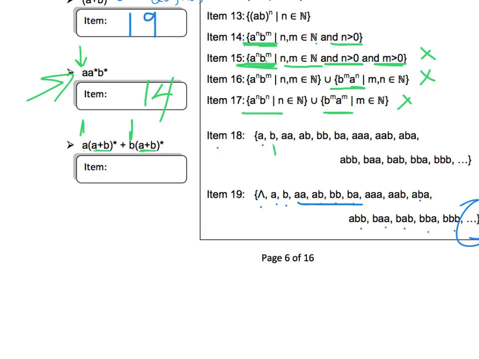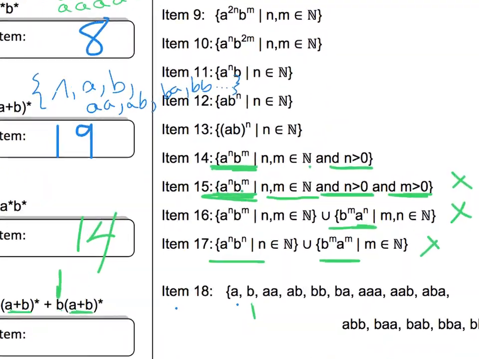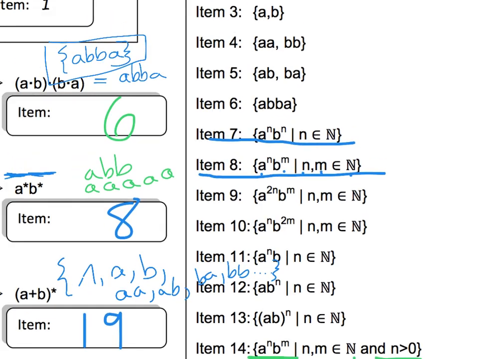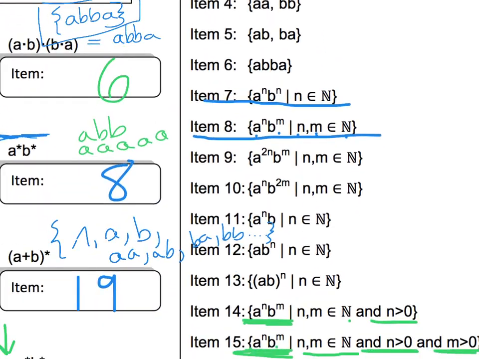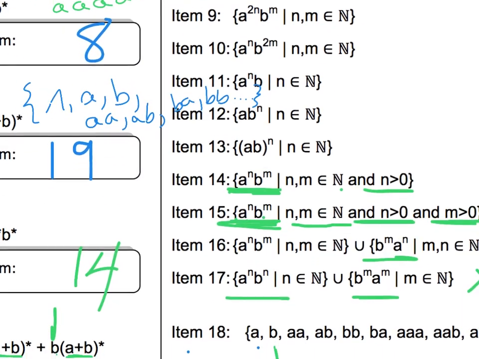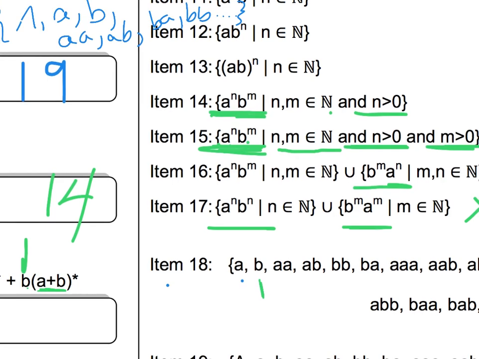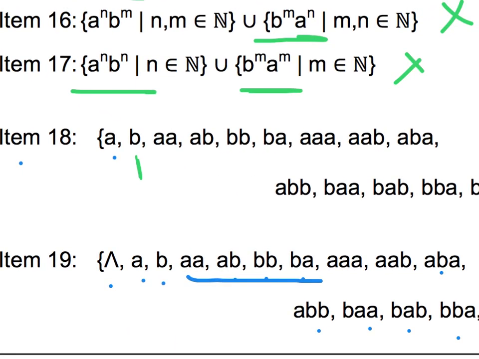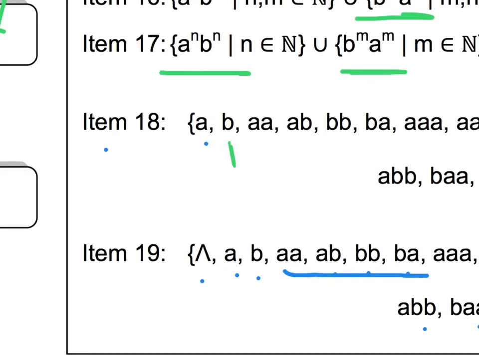We have to start with an A and then have a B. But we could also start with a B. So I'm going to keep looking, and here, wait, look at this. What about item 18, right? Lambda's not in there, and we're looking for something that's essentially A plus B star, right?